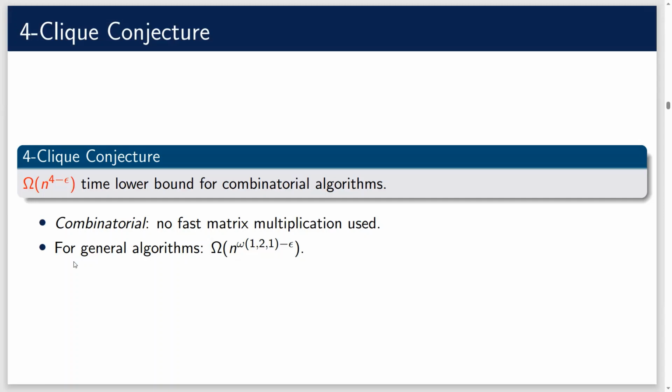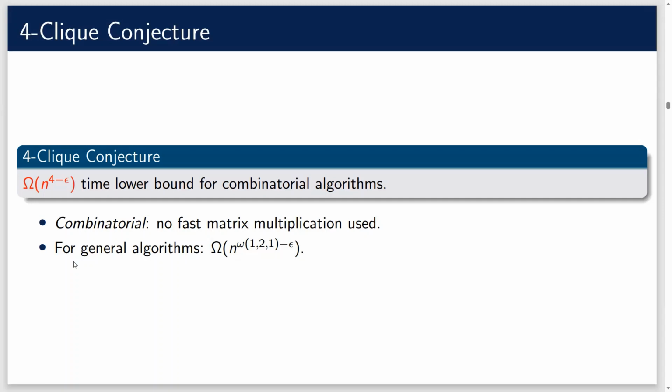It generally says that for the Four-Clique problem, which refers to finding a Four-Clique in a graph G, we have an omega n to the 4 minus epsilon time lower bound, i.e., no combinatorial algorithm can solve it in O(n^(4-epsilon)) time for any epsilon larger than 0. Here we remark that combinatorial means that the algorithm does not involve fast matrix multiplication.